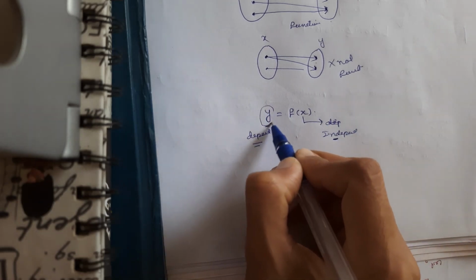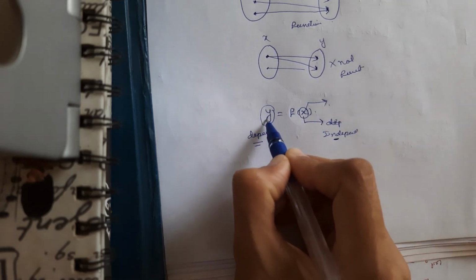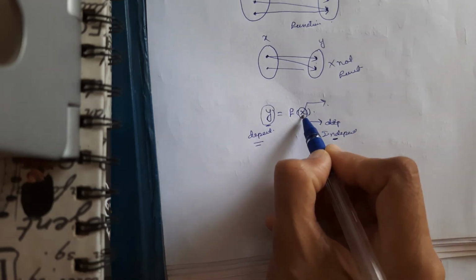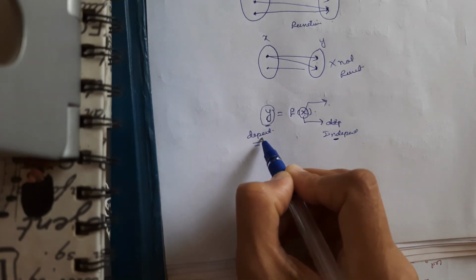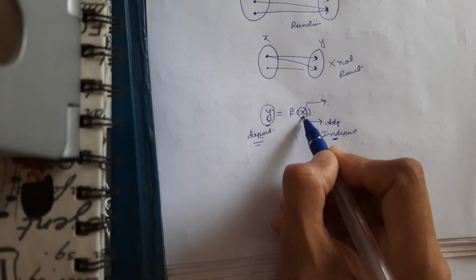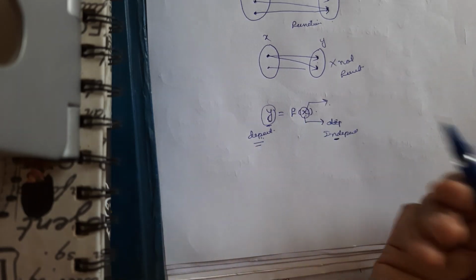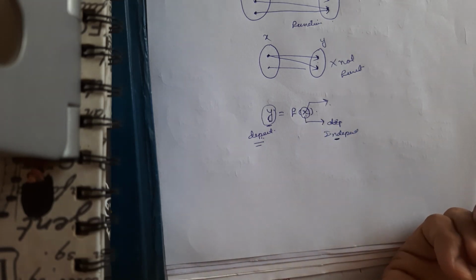This is not in your control, but x is in your control. If you want to change your output, you need to change your input. You cannot directly change your output; that's why it is called the dependent variable, because its value is dependent on x, and x you are free to change. That's why it is called the independent variable.